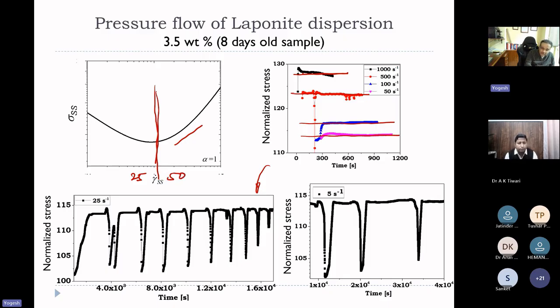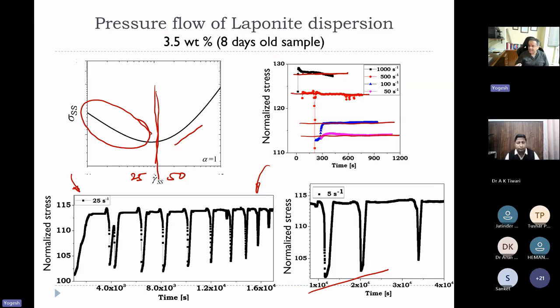For 5, we get even further oscillations in both stress as well as shear rate, suggesting that this indeed is the region of unstable flow. And such things have great implications because thixotropic materials are very important from an industry point of view also.